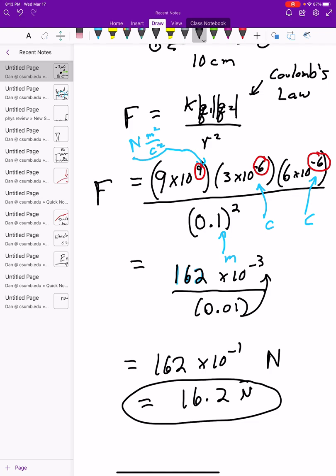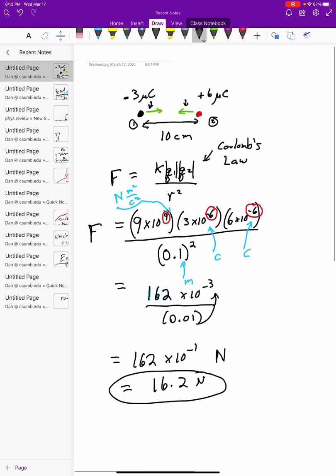That means that the red charge is going to experience a force of negative 16.2 newtons because it's to the left. I'll say to the left right now. I'll talk about how we deal with the direction shortly.